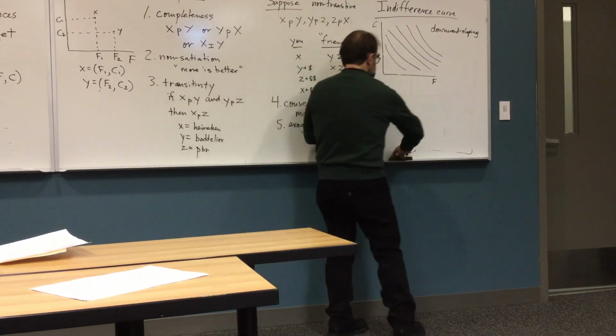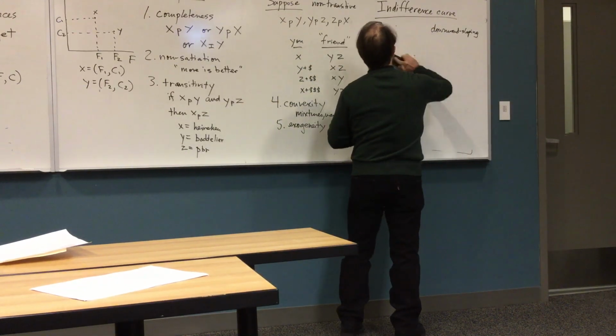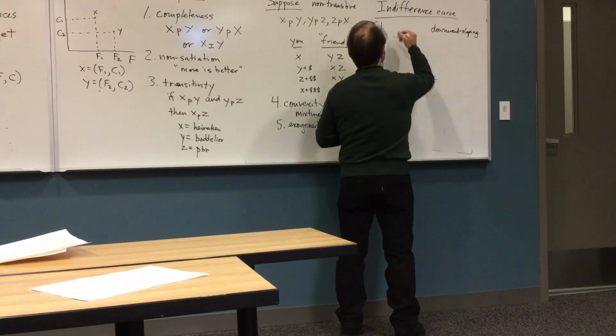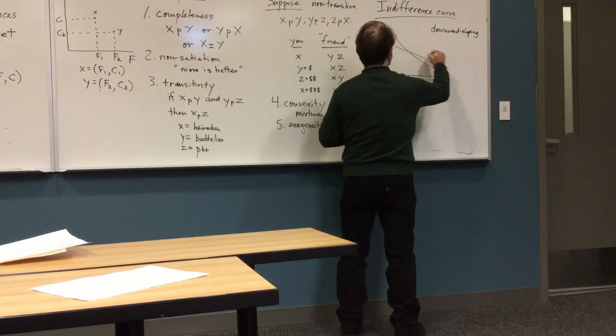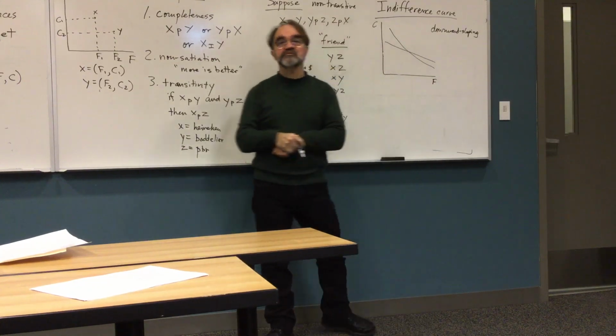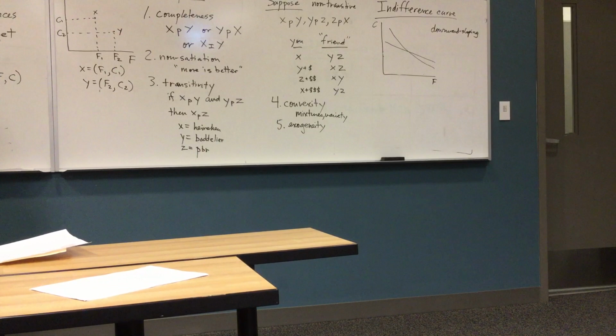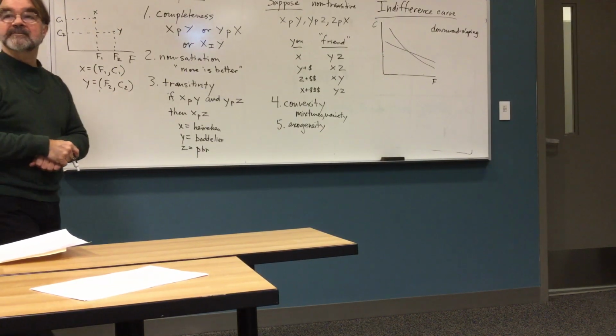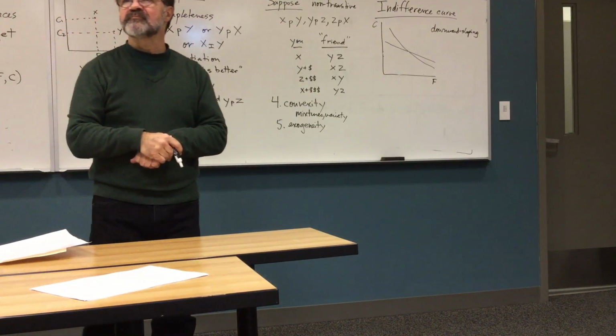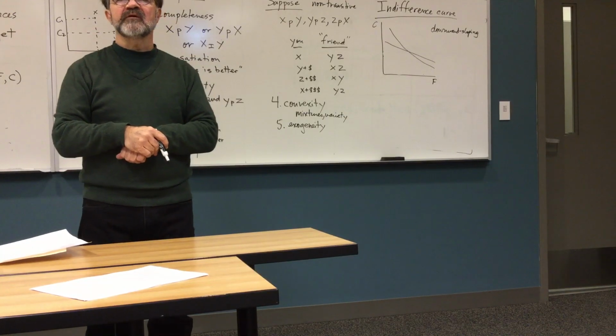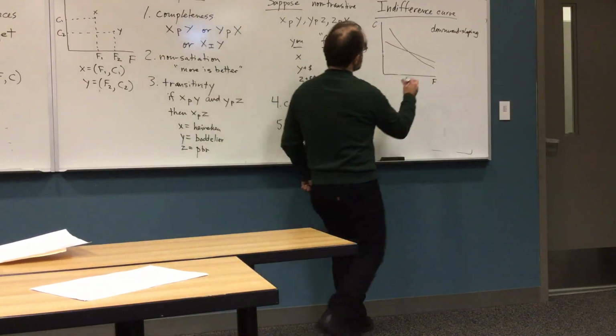But let me ask you this: is it possible for us to have two downward sloping indifference curves that intersect? Like that. Is it possible? Okay, well then, let's compare.